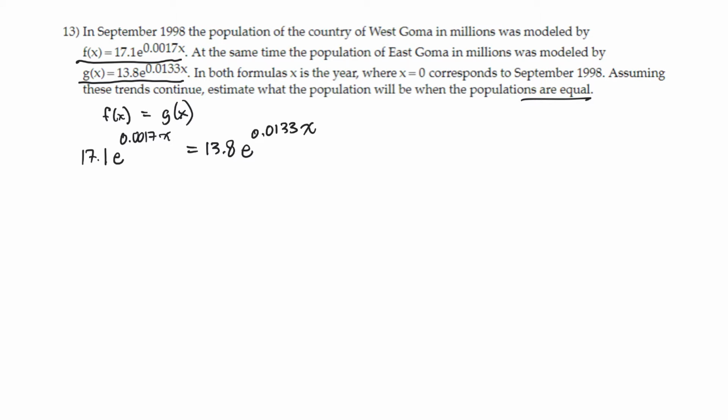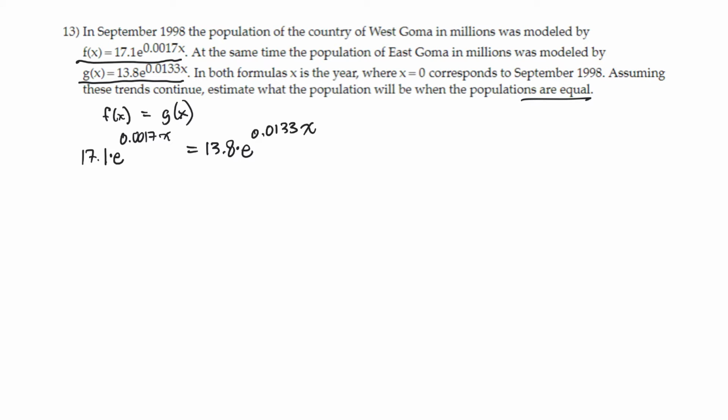Okay, so now I've got to solve this equation. I've got a couple issues. I'd like to use the log both sides thing to be able to pull the exponent out to the front, but I have a product there, so I can't really do that initially.